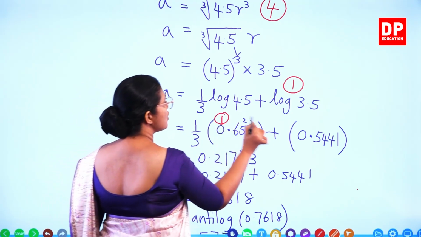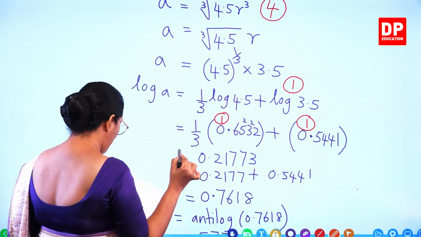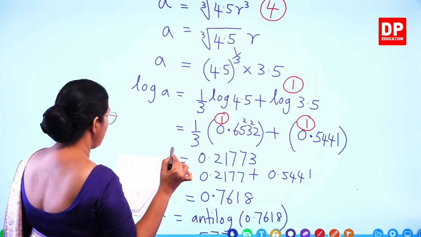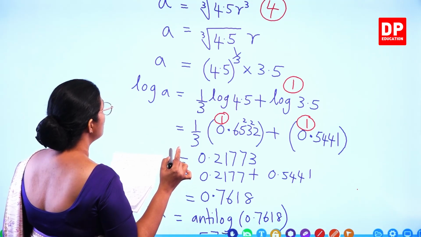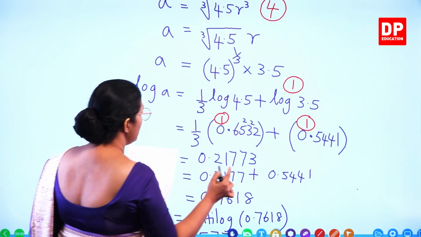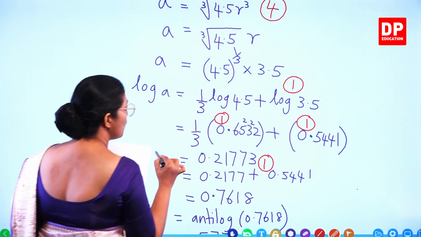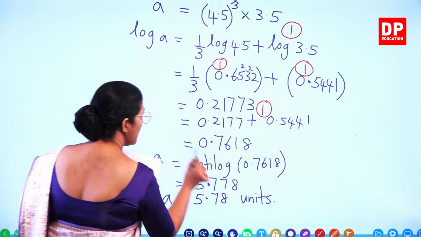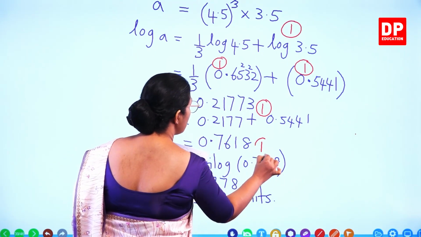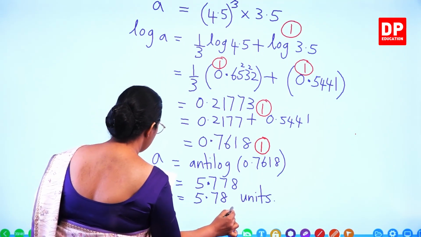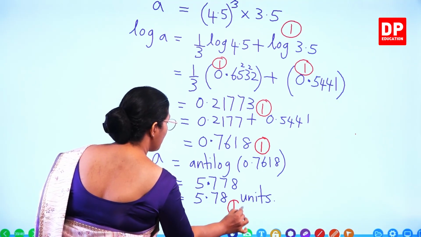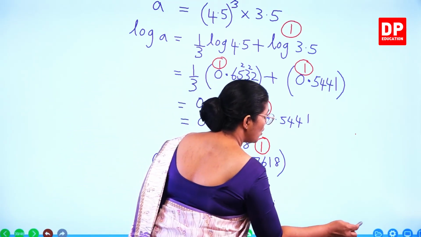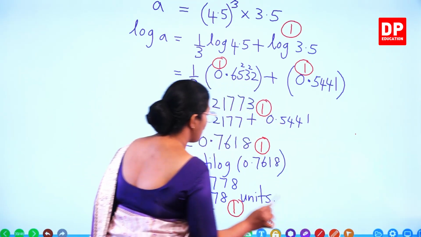And for each log value, you get 1 mark. For addition, 1 mark. And taking the antilog value, 1 mark. And rounding the final answer, 1 mark. So 1, 2, 3, 4, 5, 6 and 4 marks altogether, 10 marks for this question.